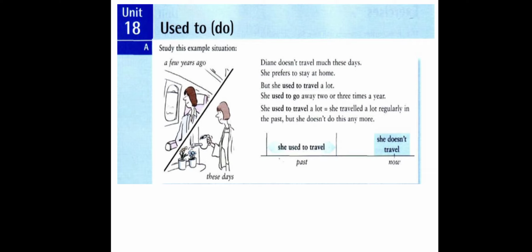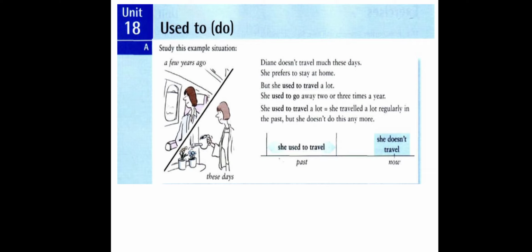She used to go away is a habit in the past, as it is not done now. She used to travel a lot as well is a habit in the past. She traveled a lot regularly in the past, but she doesn't do this anymore. Now this habit is finished.